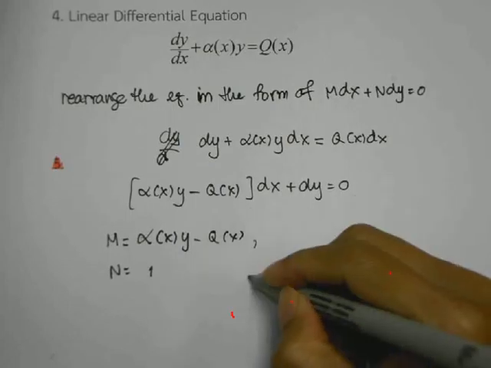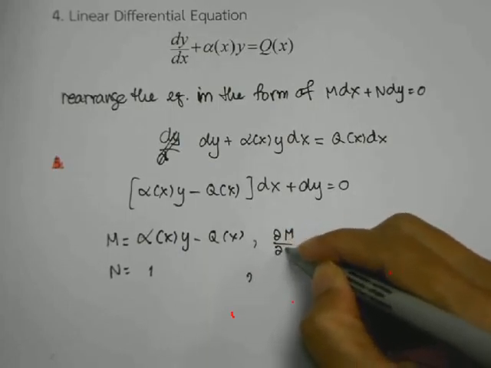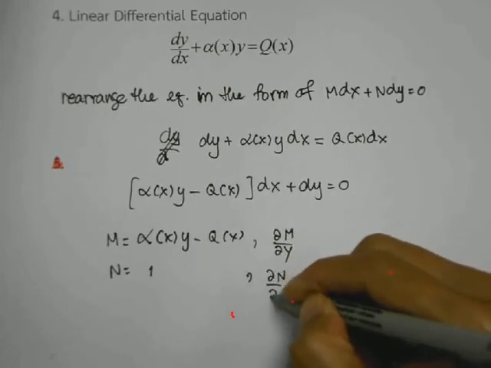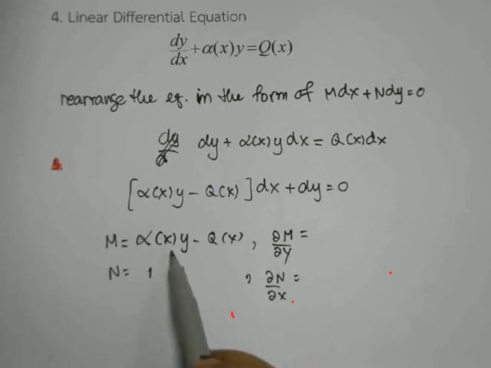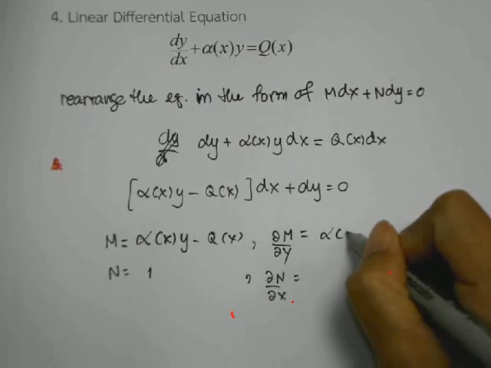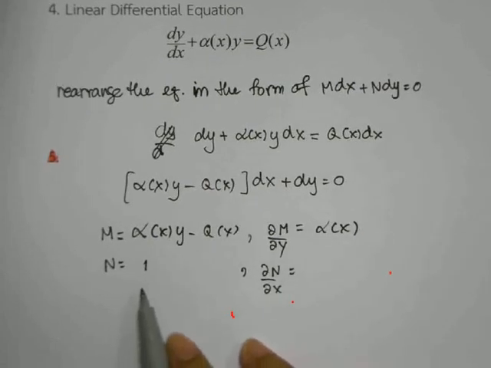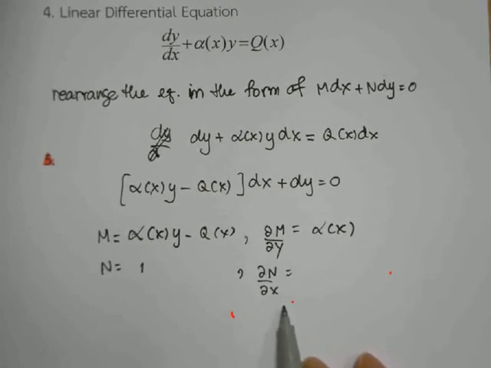Then I take the derivative of M with respect to y and the derivative of N with respect to x. The derivative of M by y is equal to alpha(x), right? And the derivative of N by x is equal to 0.